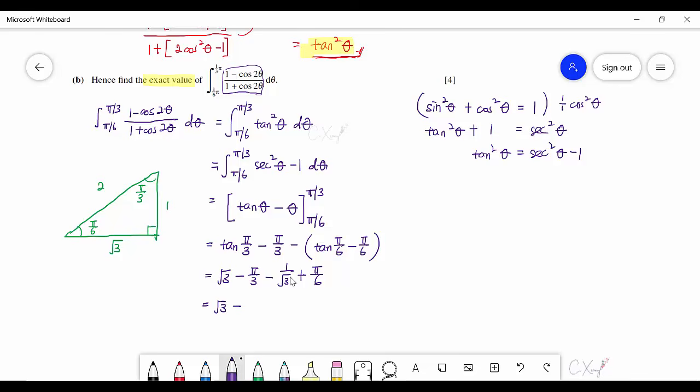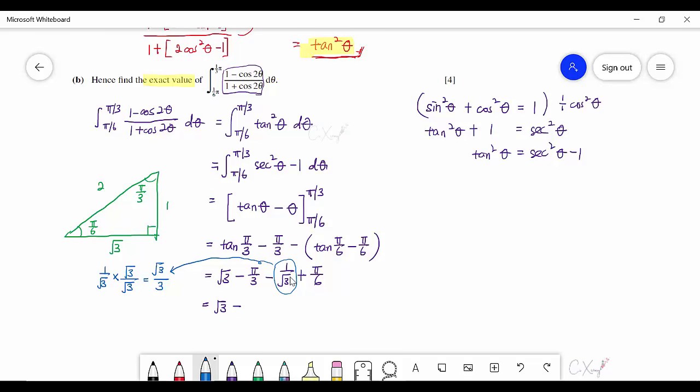So this one is a problem for me. 1 over square root 3, I want to rephrase it so that the denominator has no square root 3. Therefore I need to rationalize the fraction. When you rationalize, you get 3 and then square root 3.